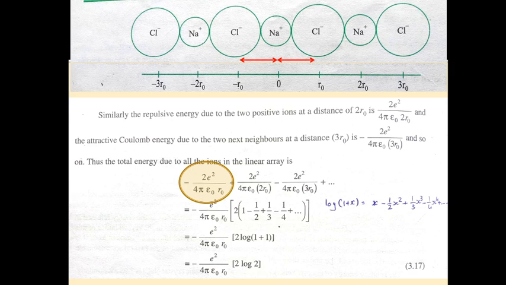Another important thing is the r0 distance. As the lattice distance, or equilibrium distance, is r0 for this particular bond, if I go to the further distance, it would be twice r0, but I am finding the identical ion, that is a sodium ion, on the left as well as on the right.